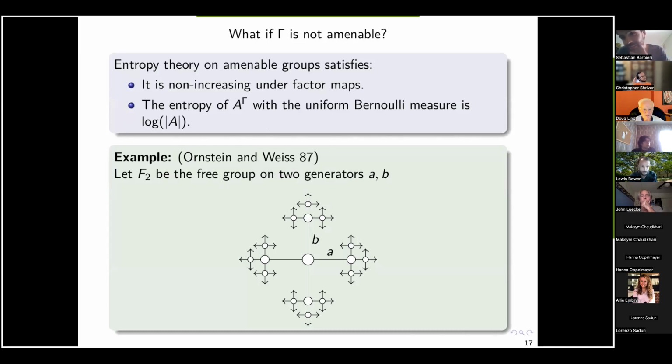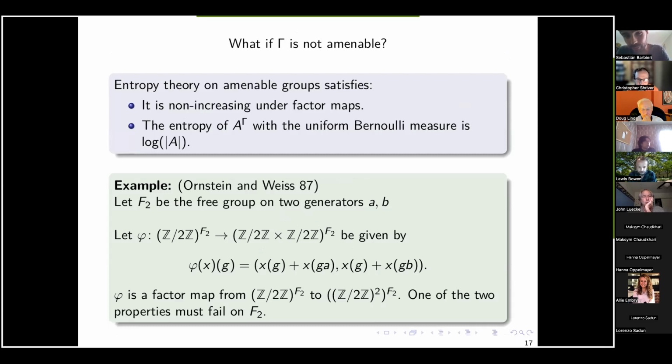Well, there is a very famous evil example by Ornstein and Weiss, which says that if I take the free group on two generators A, B, which looks like that infinite quaternary tree, then I can find a factor from the two shift onto the four shift. I just consider the two shift with alphabet the cyclic group on two elements. I take the four shift and I think of the alphabet as the Klein group.